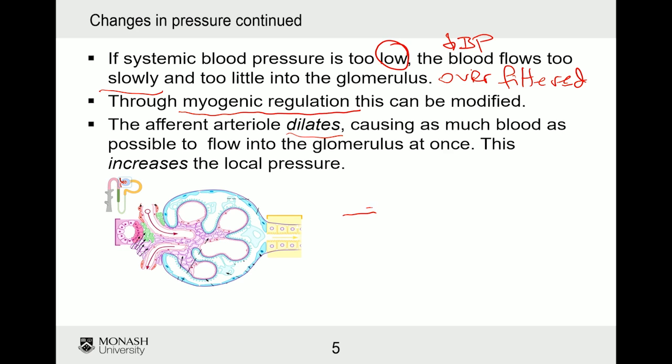So we've got a little bit of blood coming in, but we have a dilated arteriole, so as much blood as possible is pouring into the kidney and the glomerulus. The glomerulus here. This will increase the local pressure because we will have more blood coming through, and more flow will increase more pressure.